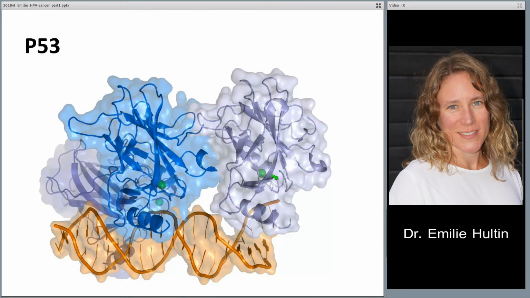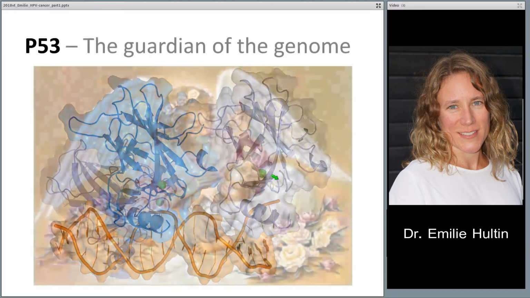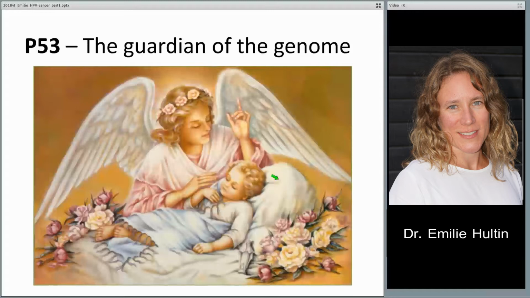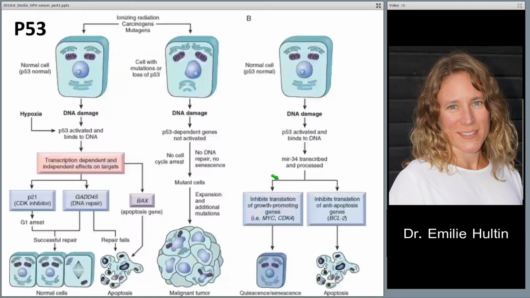Here we see another tumor suppressor gene that is very famous. It's the p53 protein. This p53 protein is the guardian of the genome because it can stop the cell cycle and it can give rise to apoptosis and activate those apoptotic pathways and DNA repair pathways.